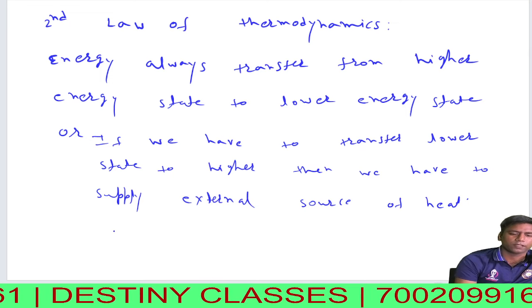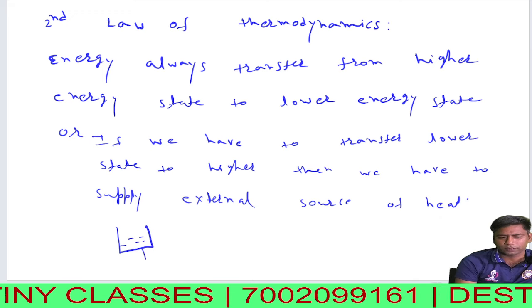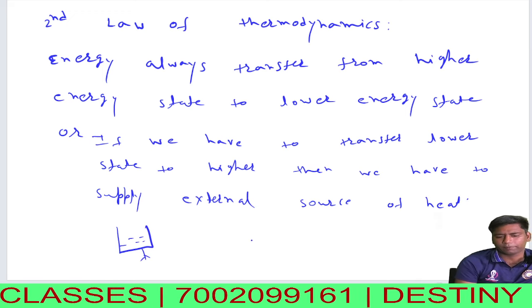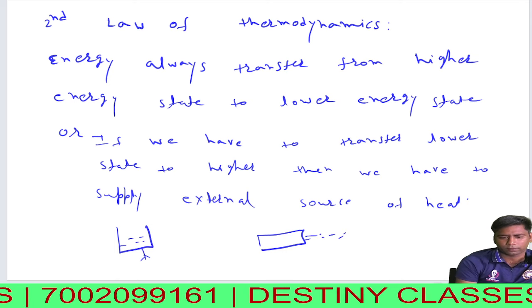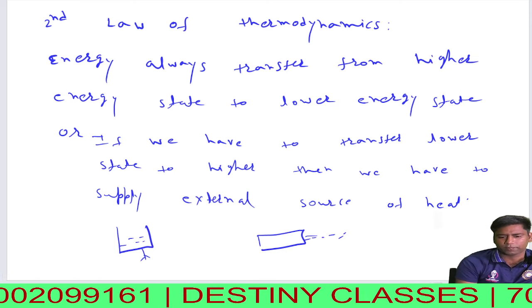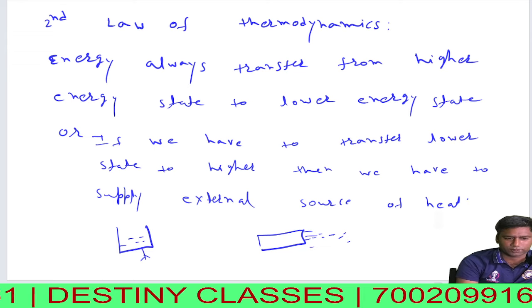Okay, student. Suppose we are boiling water. So we have to supply heat so that it reaches the higher temperature. If a metal is at a higher temperature, it will get cool after some time. So it will transfer from higher state to lower state. This is the second law.